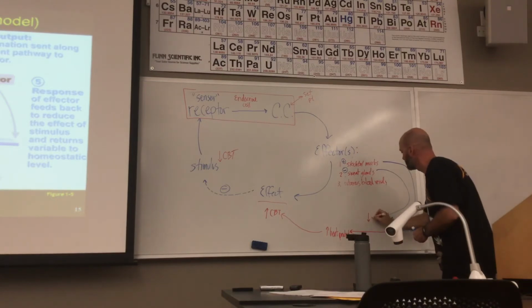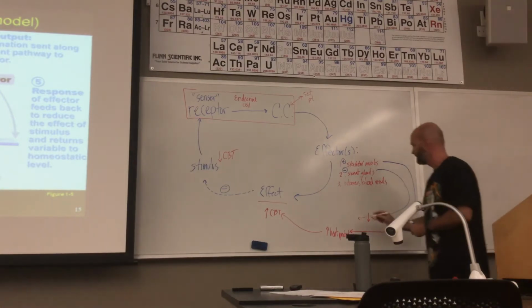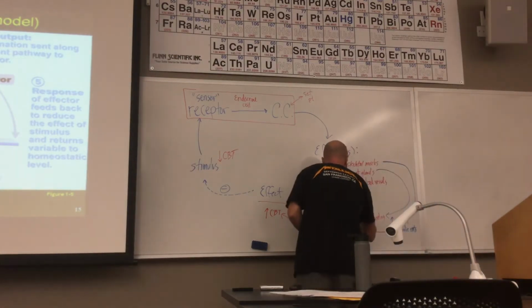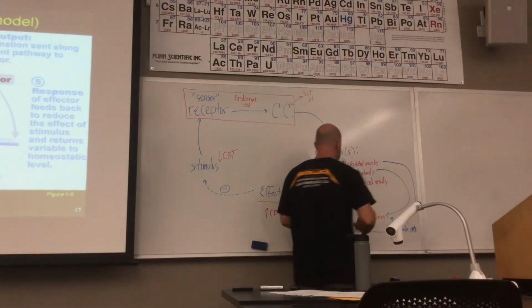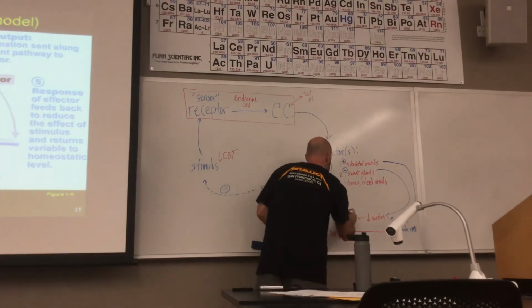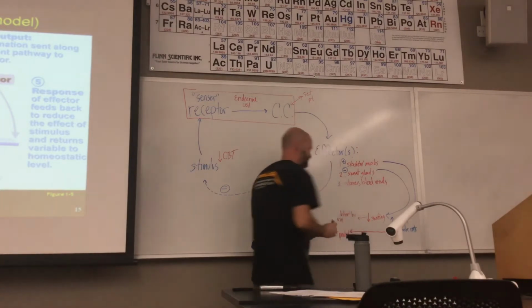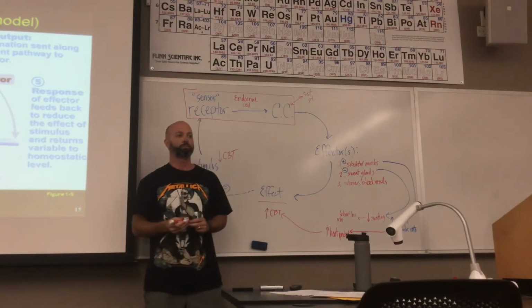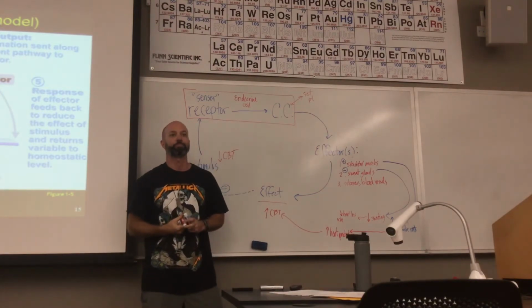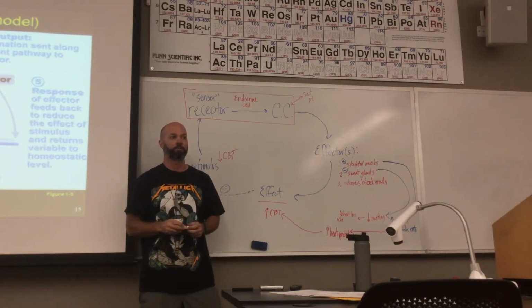Less heat goes to the... Okay, so decreased sweating, less water on the surface of the skin, therefore less what? Decreased heat loss through, how are we reducing heat loss? We are slowing down evaporation of water on the skin.